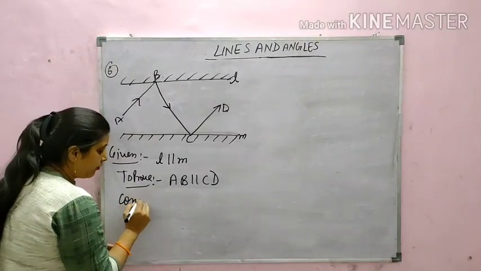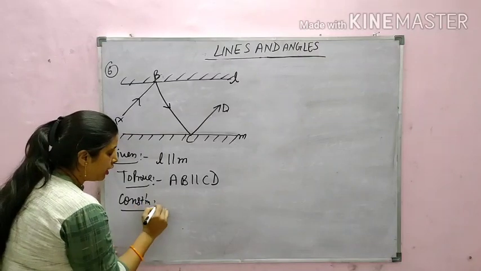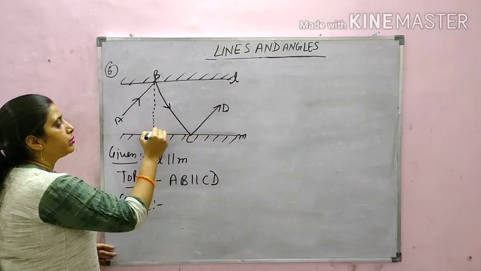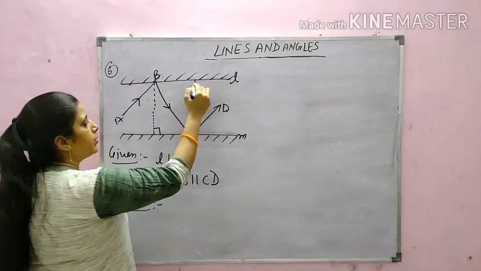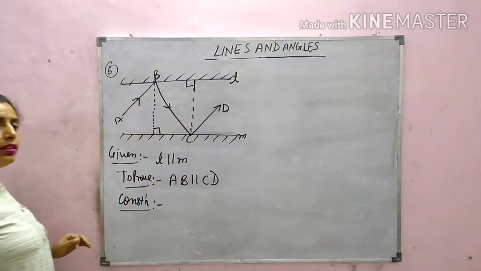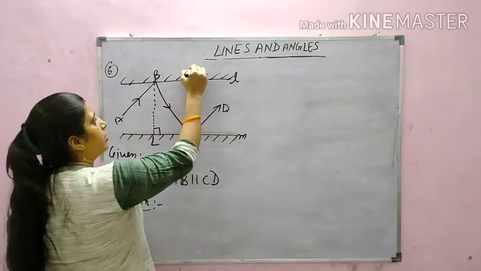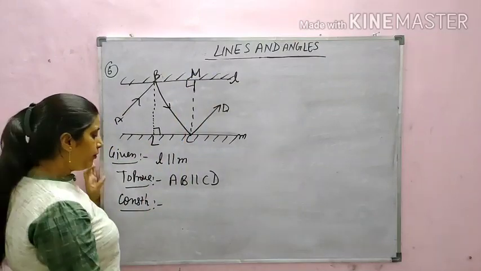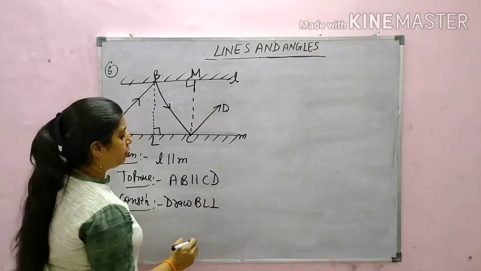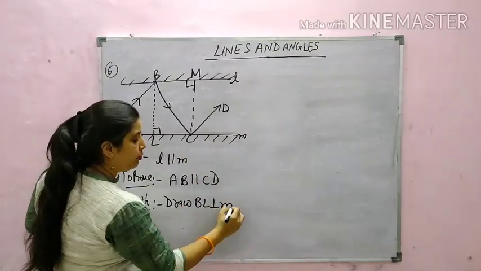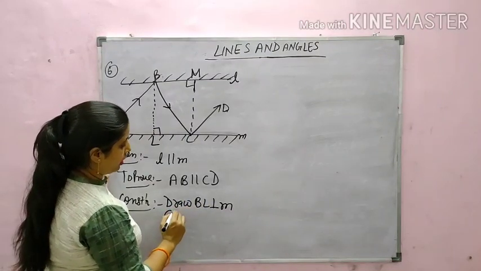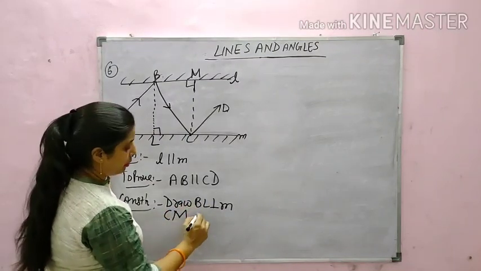Then we will draw a small construction here, like this. Clear? BL, CM. Draw BL perpendicular on M. M is your mirror and CM, capital M, perpendicular.